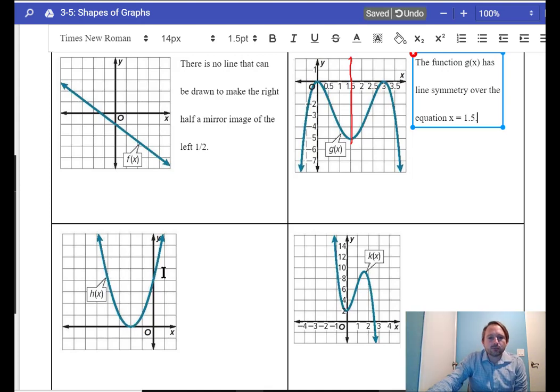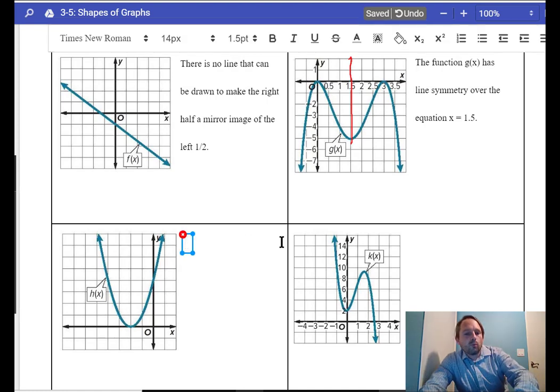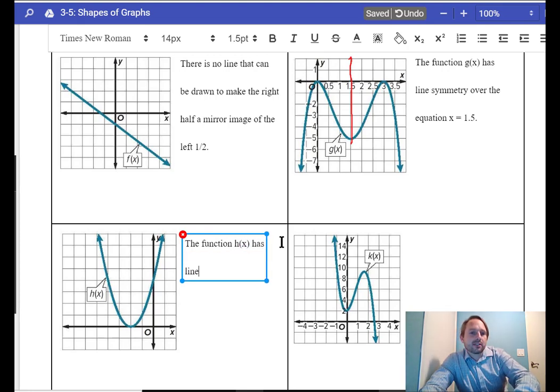So let's go on to the next one, h of x. Well, h of x is a parabola, like x squared, except we're not going to go into what the exact function's equation is, but we're going to say the function h of x has line symmetry.